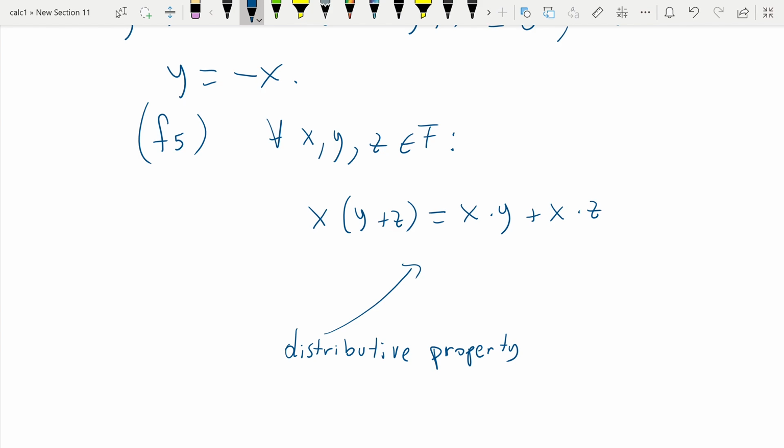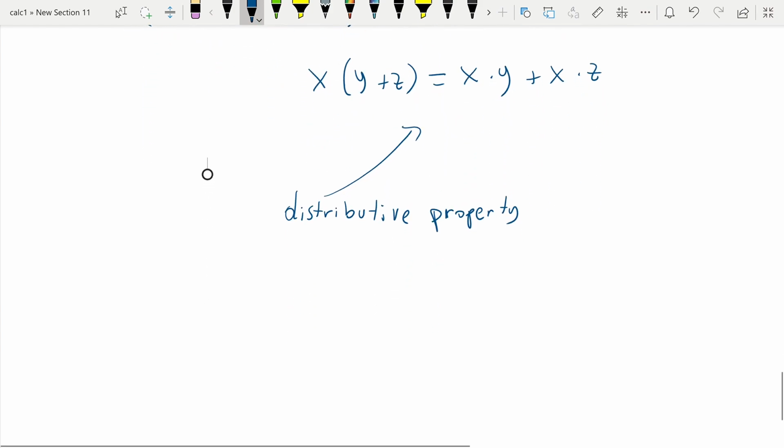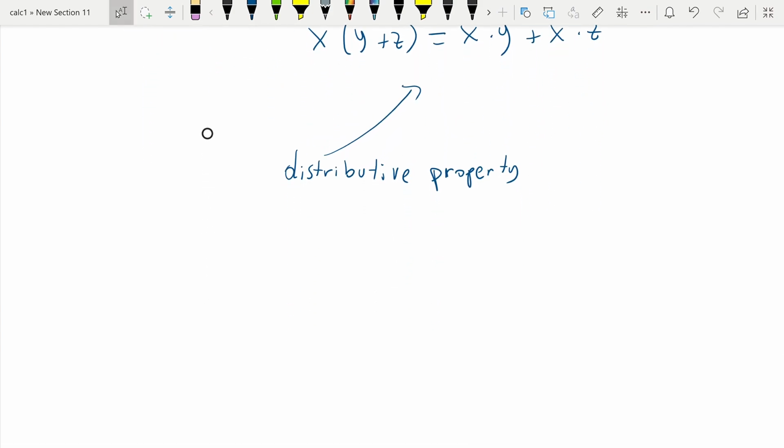Okay. One thing that is asked of you in exercise 8.6.3 is to check using the usual operations of addition and multiplication whether the set of natural numbers, set of integers, and the set of rational numbers are in fact fields. Of course, we've already talked about Q being a field, so this should come as no surprise.